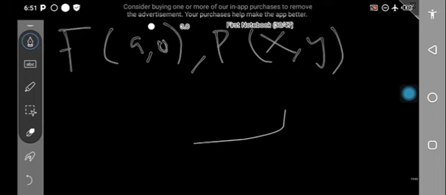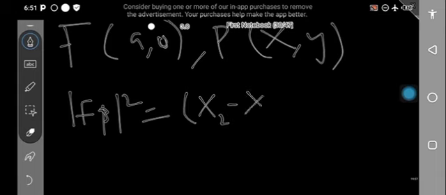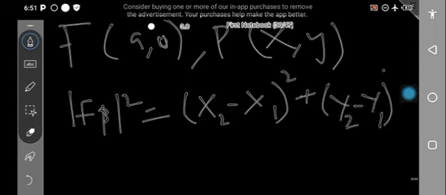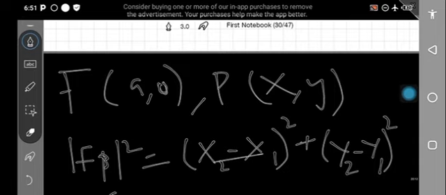By the distance formula, we know that FP squared equals (x2 - x1) squared plus (y2 - y1) squared. We already know what x1, x2 and every other value here is.